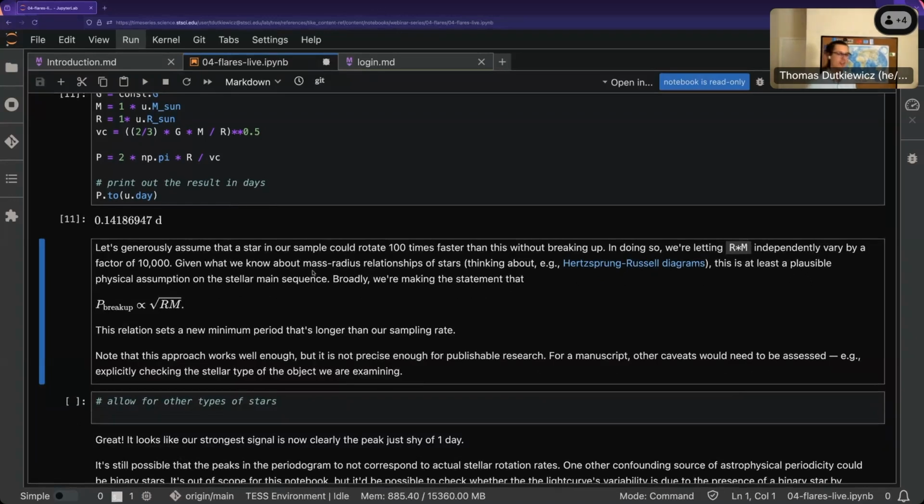So we're letting this R M factor vary by of order 10,000, which, given what we know about the mass radius relationship of stars and thinking about the HR diagram, we probably have included a ton of different kinds of stars. We probably should tailor this more to M dwarfs.